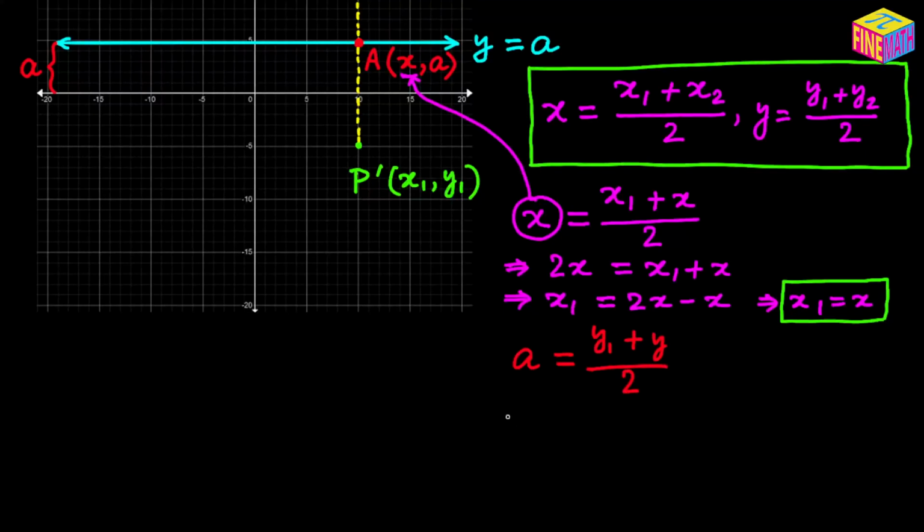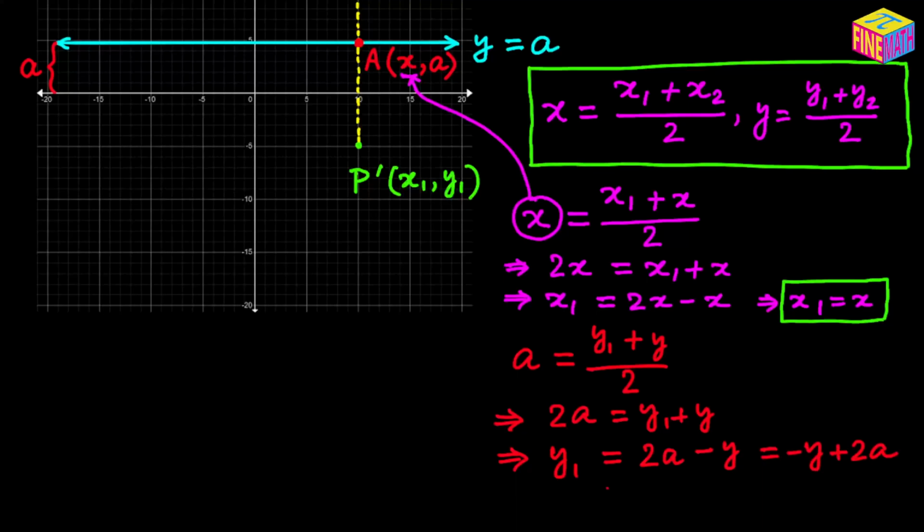And from here, if we solve it, what do we get? We get 2 times a is equal to y sub 1 plus y, and then from there we can say that y sub 1 is definitely equal to 2 times a minus y, which can be written as negative y plus 2 times a. And that's the second piece that we needed to figure out.